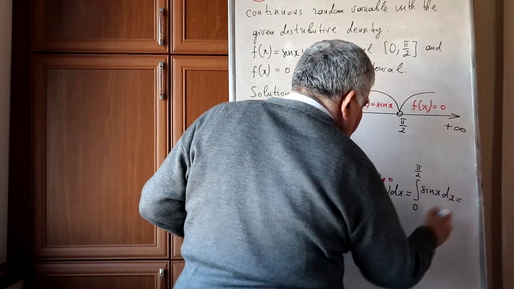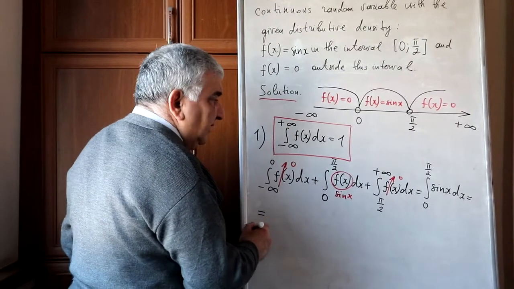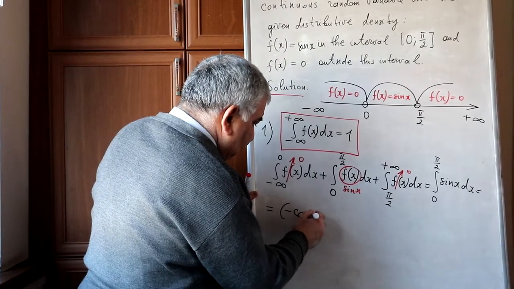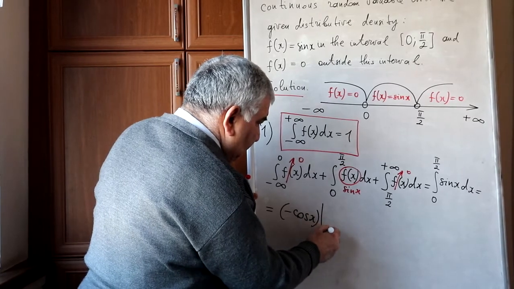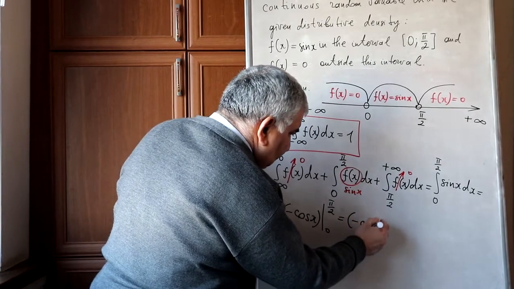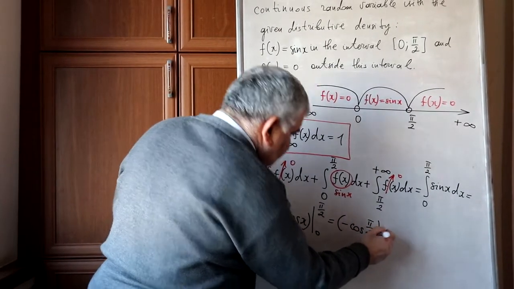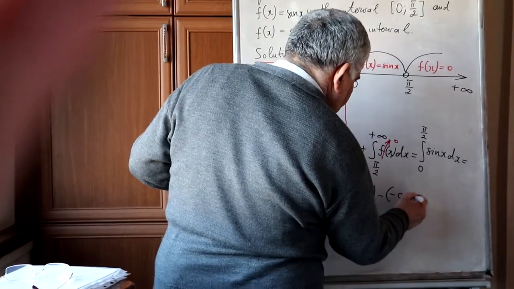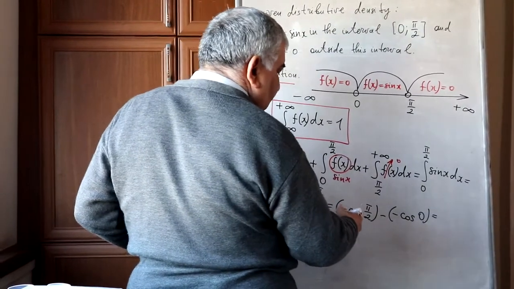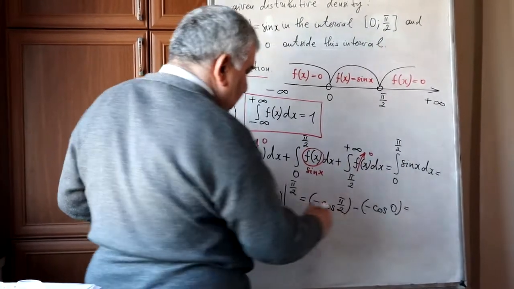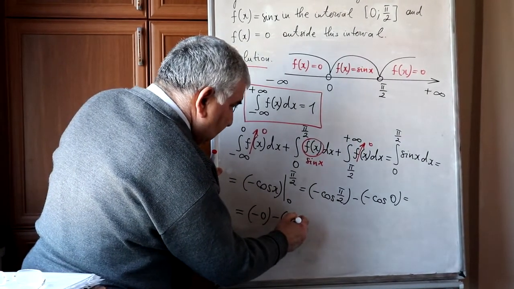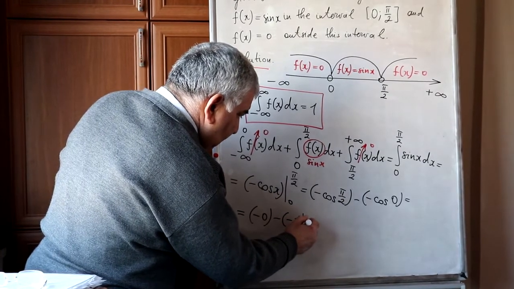The integrand is sine x, and its antiderivative is minus cosine x. Minus cosine x from 0 to pi in half equals minus cosine pi in half minus cosine of 0. Cosine of pi in half is 0, and cosine of 0 is unit. Minus 0 minus 1, we have 1.